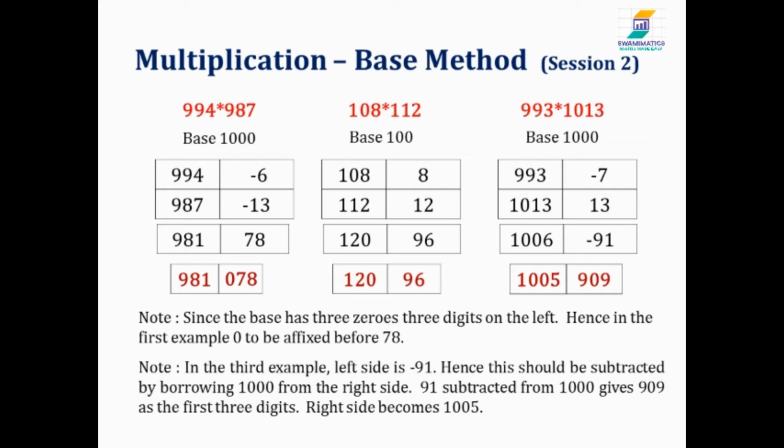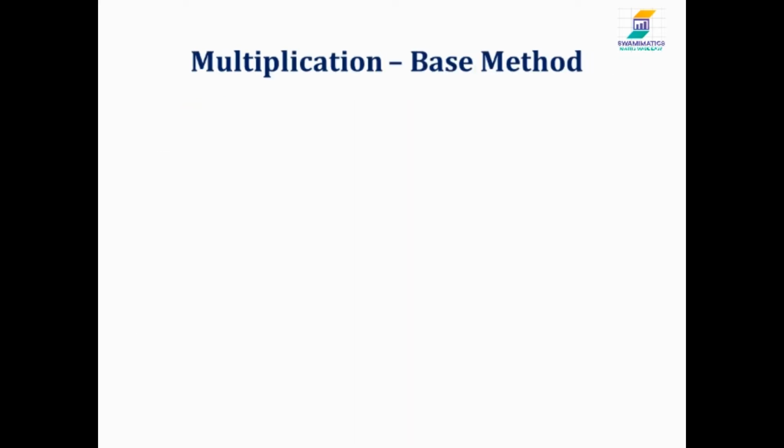Now in our next one, we will take numbers which are away from the normal base. Let us look at the numbers 24 and 27. Two-digit numbers. So the normal base is 10 because the numbers are close to 10.